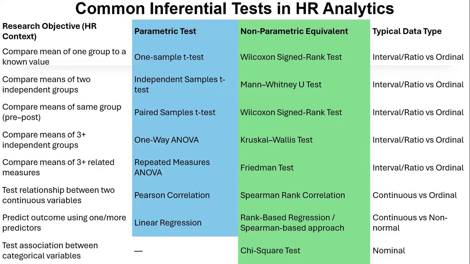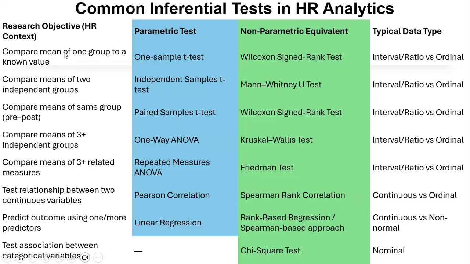Okay, so this is an attempt to summarize the various types of parametric tests and their corresponding non-parametric tests that can be used when the assumptions of parametric analysis are violated. So for instance, anytime you are confronted with a comparison of the mean of one group to a known value.